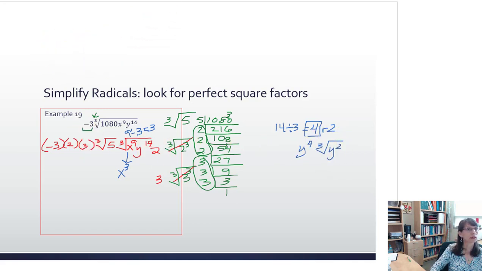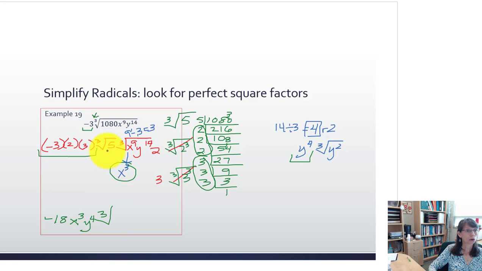So let's put it all together. I have -3 times 2, which is -6 times 3 is -18. Then our variables that have cleared the radical would include x cubed. And then remember over here we had y to the 4th. And now we want to see how much is left under the cube root.